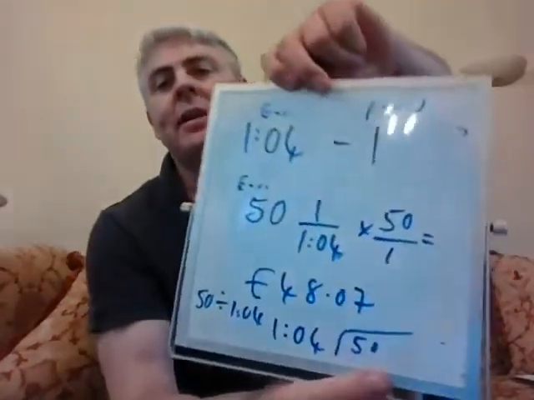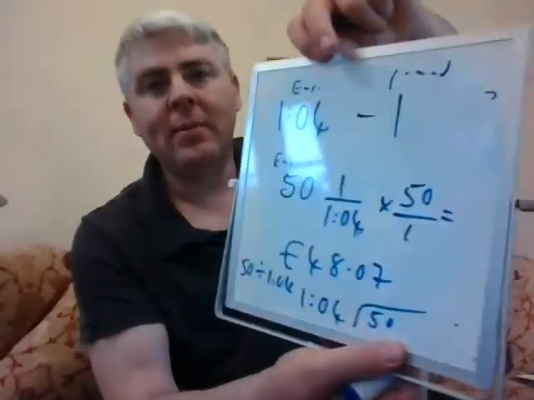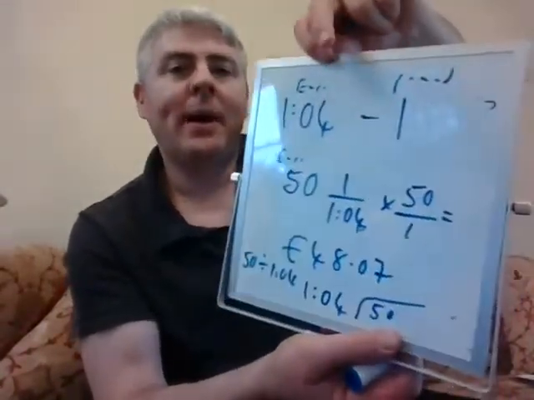And if you want to, again, I could do 1.04. If you tap into your calculator 50, divide that by 1.04, and if you do it in that order, tap in 50 and then divide it by 1.04, you'll get £48.07.